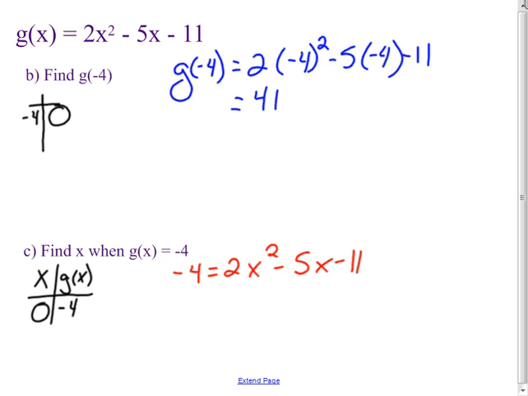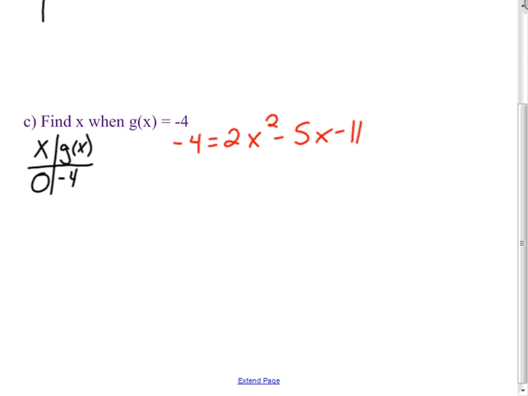So the very first step I have to do is move that negative 4 over. I'm going to add 4 to both sides. So 0 equals 2x squared minus 5x minus 7. I'm not going to go directly to the quadratic formula if I don't have to. Factoring is quite a bit easier.